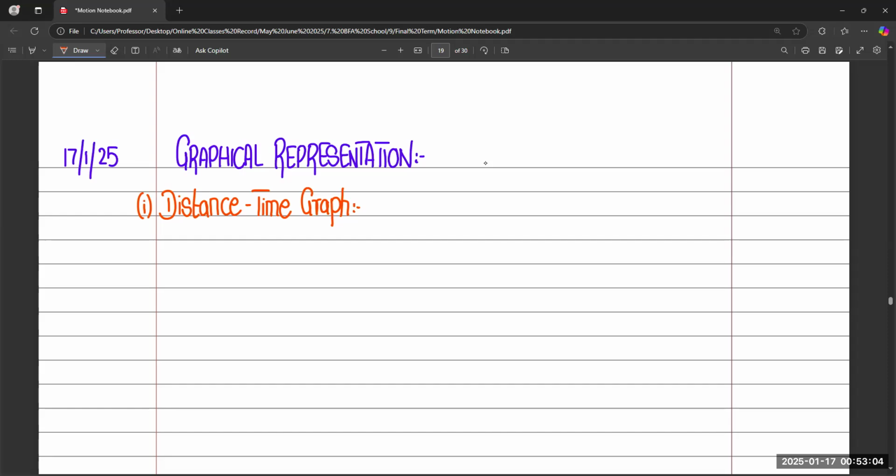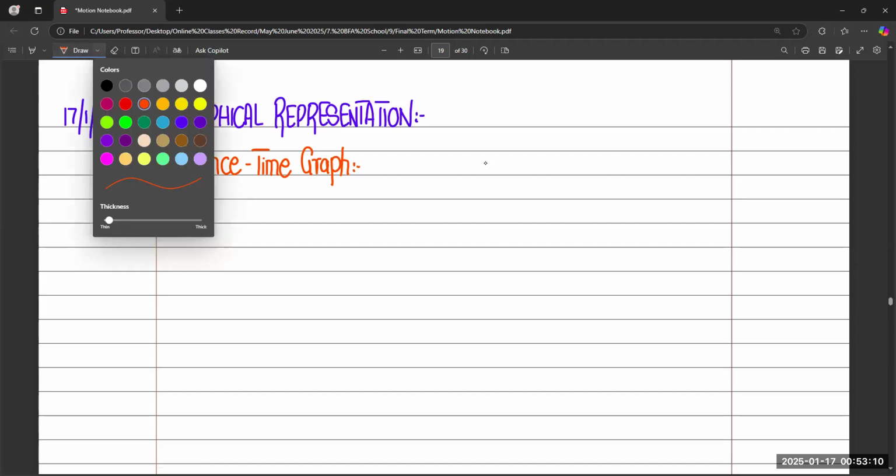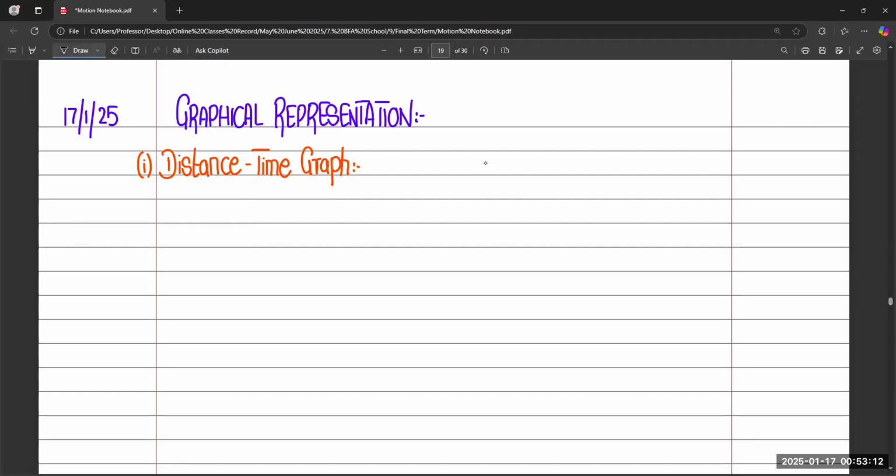So let's suppose we consider three different graphical representations. If we have three different forms of the graph, first, second, and third.